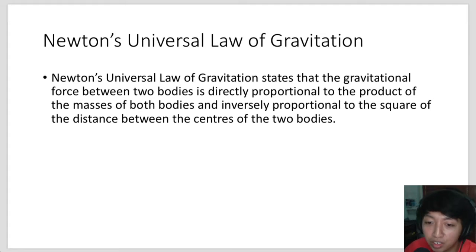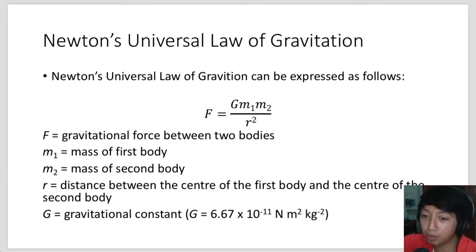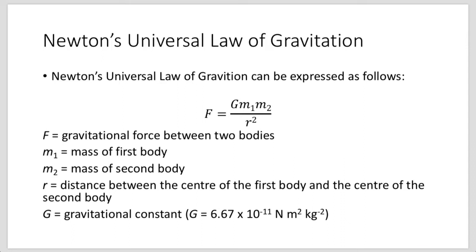Newton's law of gravitation states that the gravitational force between two bodies is directly proportional to the product of the mass of the two bodies, and inversely proportional to the square of the distance between the centers of the two bodies. If we write this down as a formula, this is the formula that you would end up with. Force equals G m1 m2 over r squared. Force meaning the gravitational force.